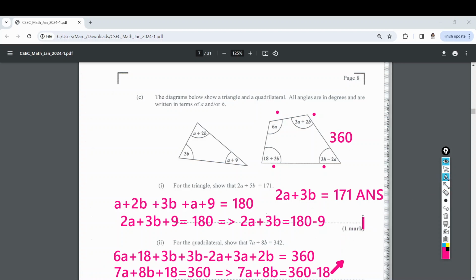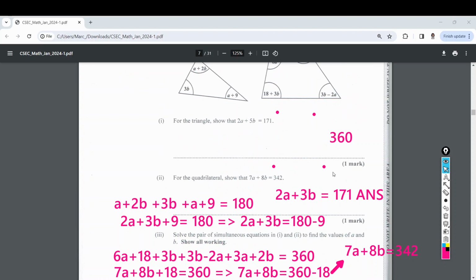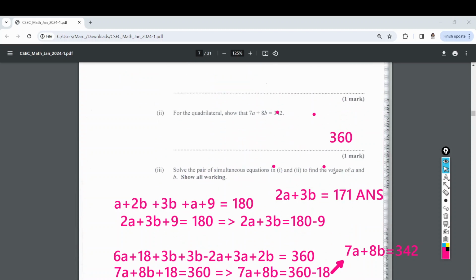So the answer, guys, would be 7a plus 8b is equal to 342. All right, guys, so that's pretty much it. And that solves the questions. That solves to show that. It's just 1 mark to show that. So, guys, it's really simple. You only get 2 marks for showing this.